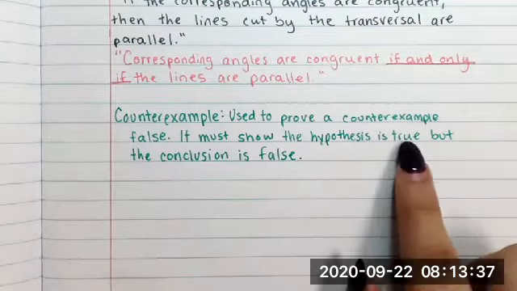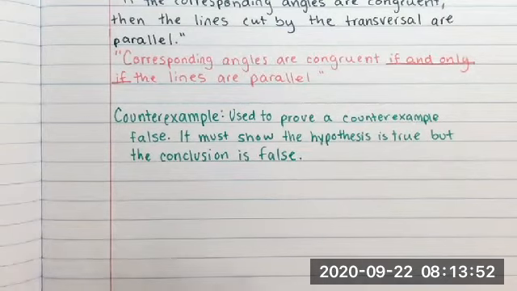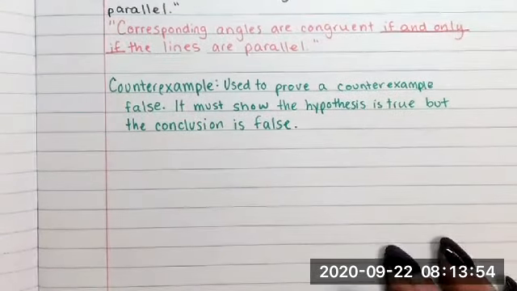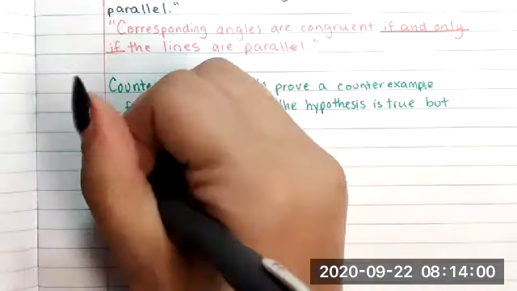So hypothesis true, conclusion false. There's a lot of different ways that you can have counterexamples. I'll do two examples here. The first one I'll make a little bit simple, and the other one I'll make math related.